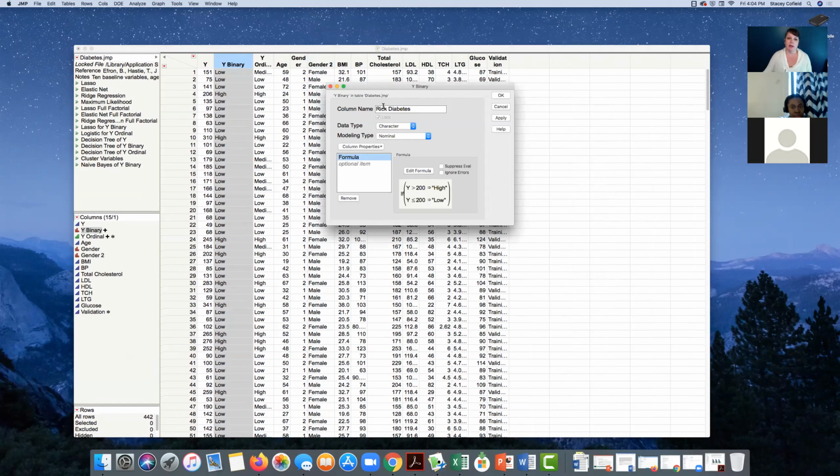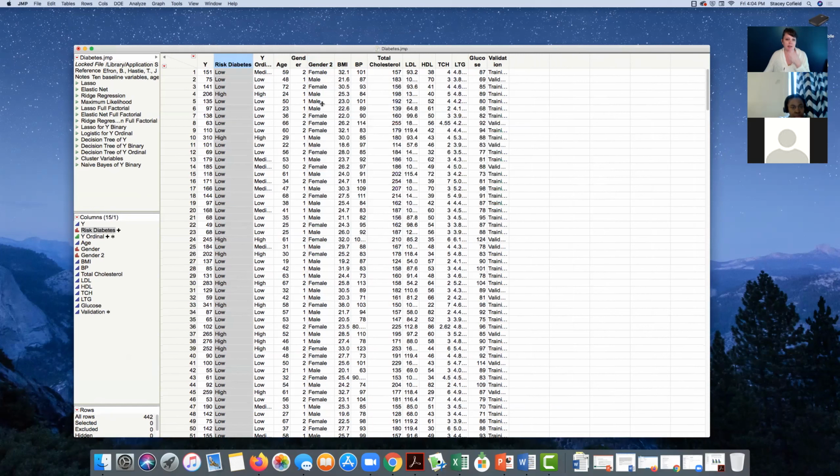So we have a data set here that has some values for people's risk of diabetes. And what we want to do is determine what the predictors of that risk of developing diabetes is for people.